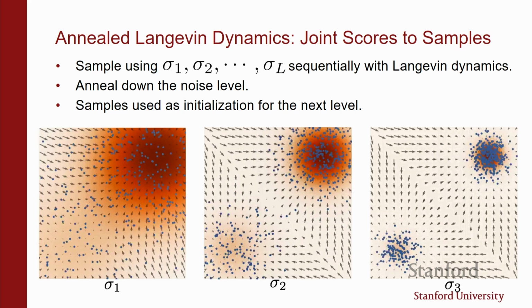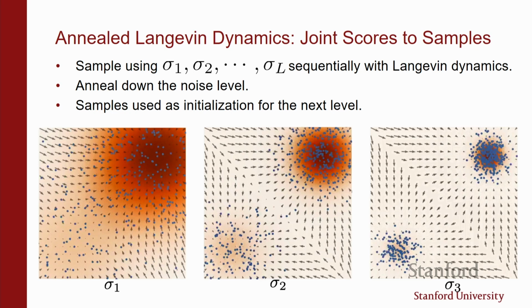This gets us the best of both worlds, because Langevin dynamics is never lost. We're always following pretty accurate estimates of the gradients. But at the end, we're able to generate samples from a distribution of data plus noise, where this noise level sigma L can be very, very small. So the final samples that you produce are going to be almost clean.